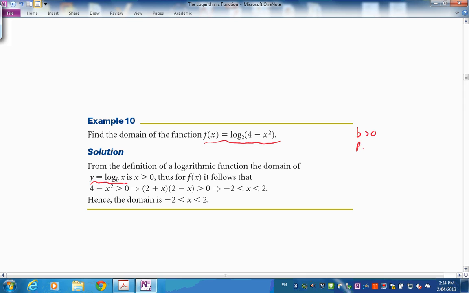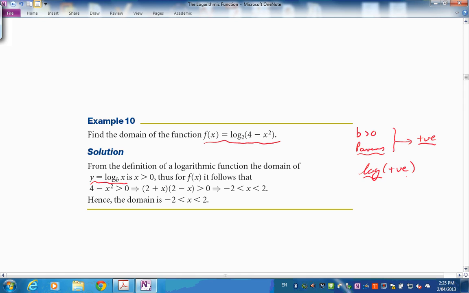So what sort of powers would you expect to have to raise b to get a number? Here you could have any power. But what sort of numbers are powers of a positive base? A positive base can only ever give a positive result. So you can only find the log of a positive number, because when you raise b to any power you get a positive.